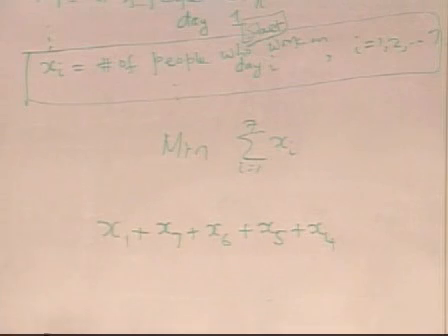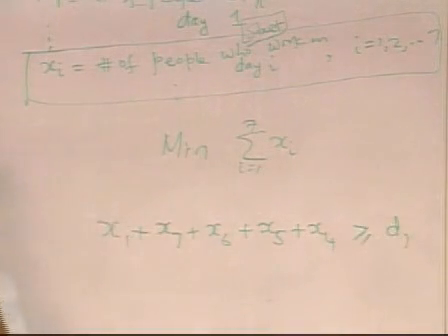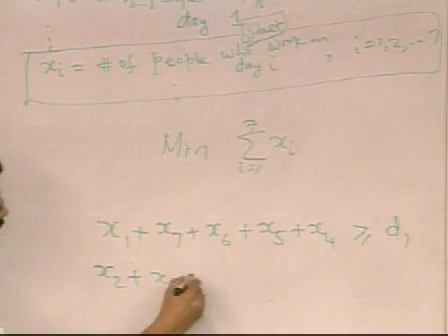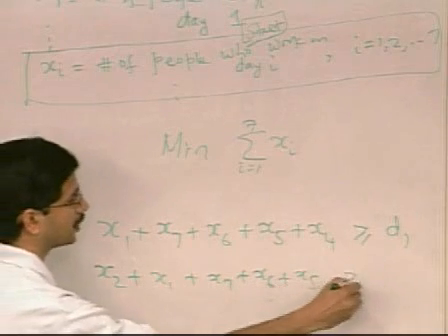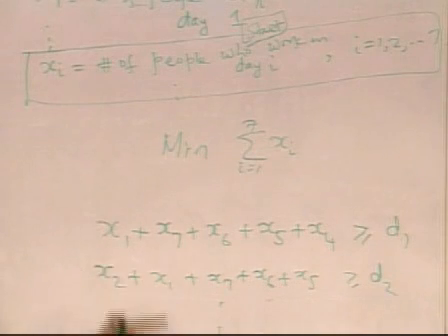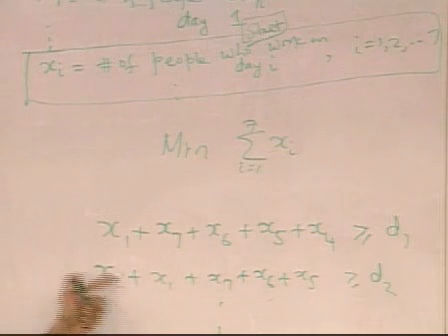And you want this quantity to be at least D1. And similarly, you want x2 plus x1 plus x7 plus x6 plus x5 to be at least D2, and so on. So again, you have 7 constraints capturing the demand for each day separately.